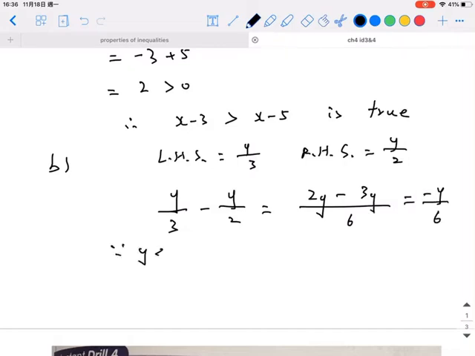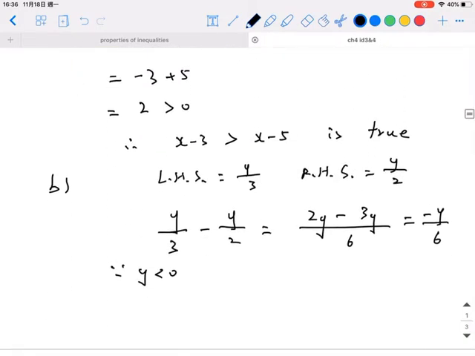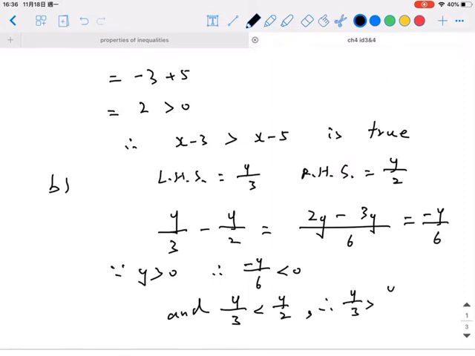Because y is greater than 0, minus y over 6 is less than 0. That means y over 3 is less than y over 2, so y over 3 greater than y over 2 is not true. Okay, this finishes instant drill 3.